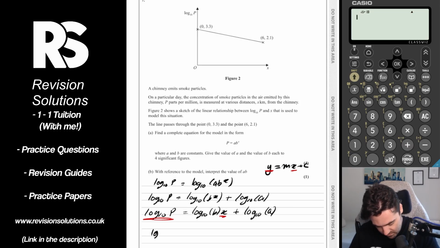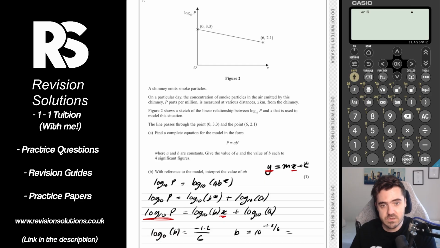So log base 10 of b is going to be the gradient, where we go down by 1.2, so minus 1.2 over, we go along 6. So b is going to be 10 to the power of minus 1.2 over 6.